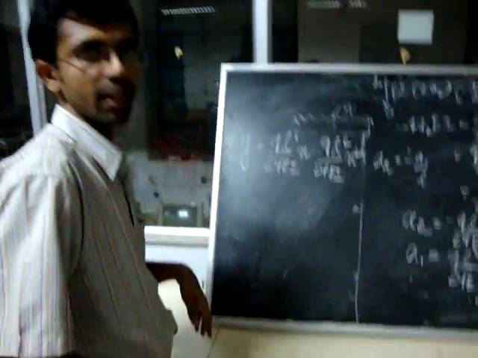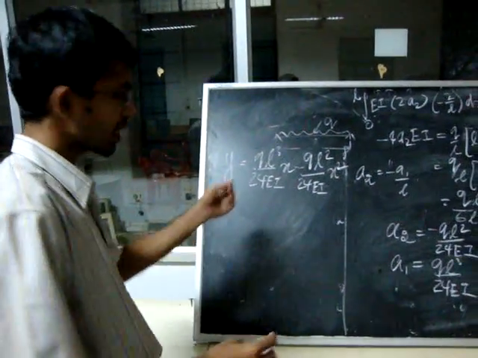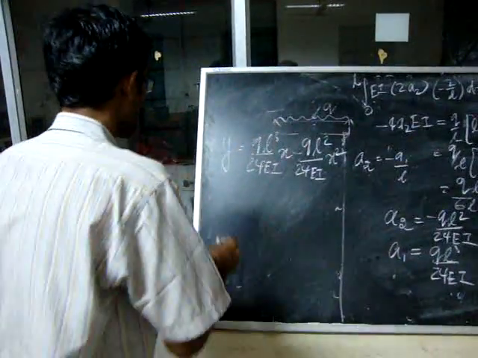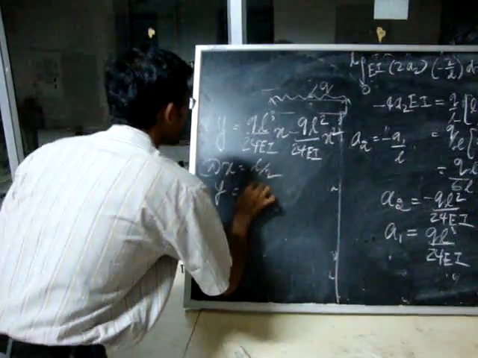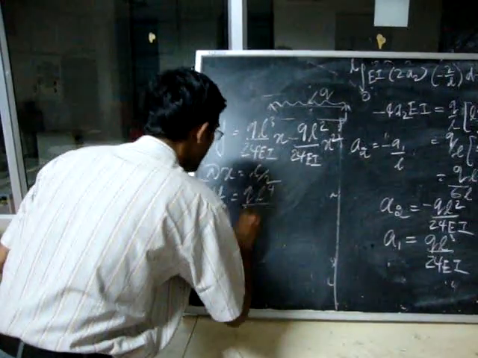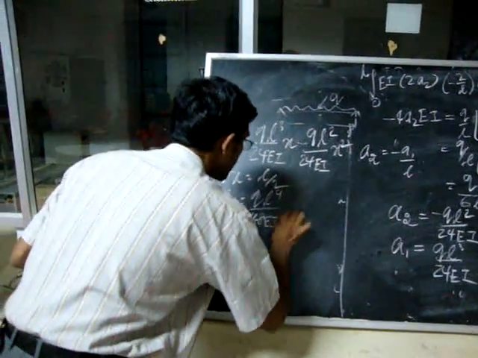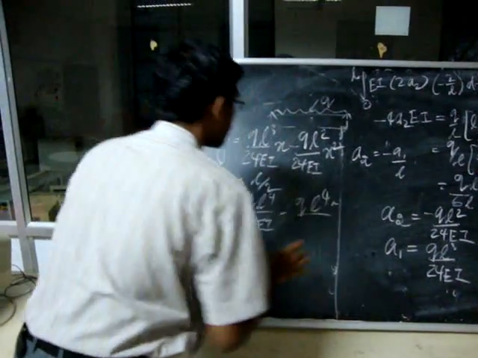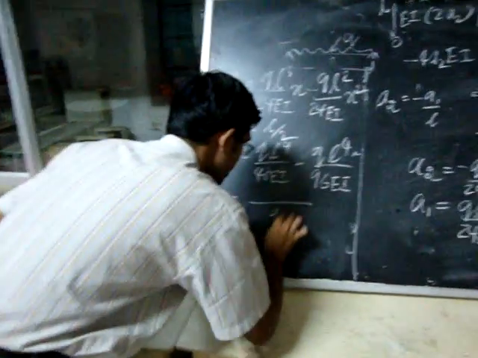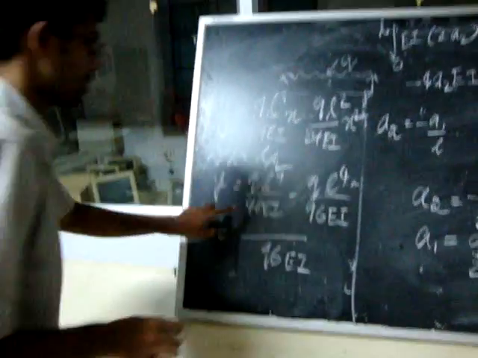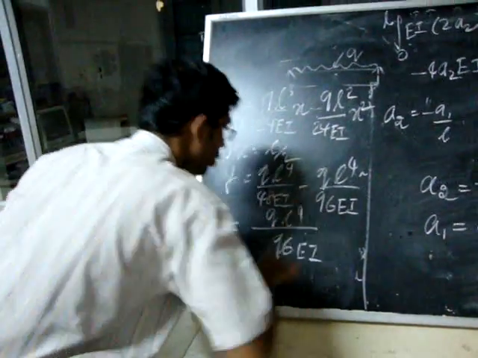So let me find the displacement at the center. At x equal to L by 2, I will have qL power 4 by 48 EI minus qL power 4 by 96 EI. So 96 EI down here, so 2 minus 1 will be qL power 4 by 96 EI.